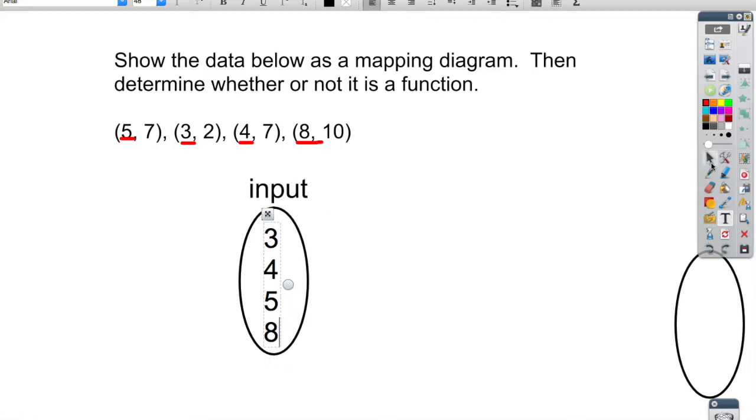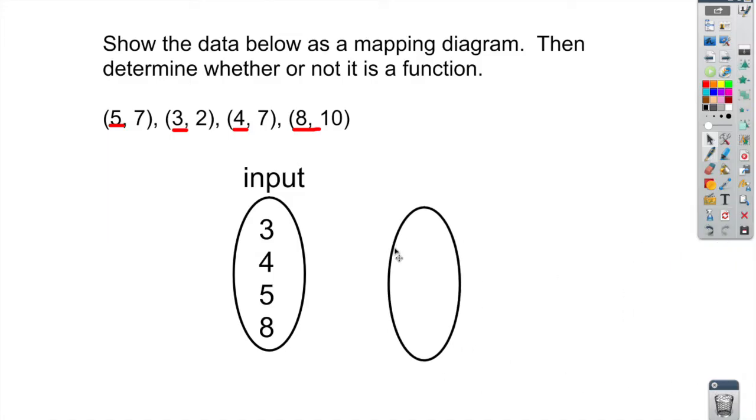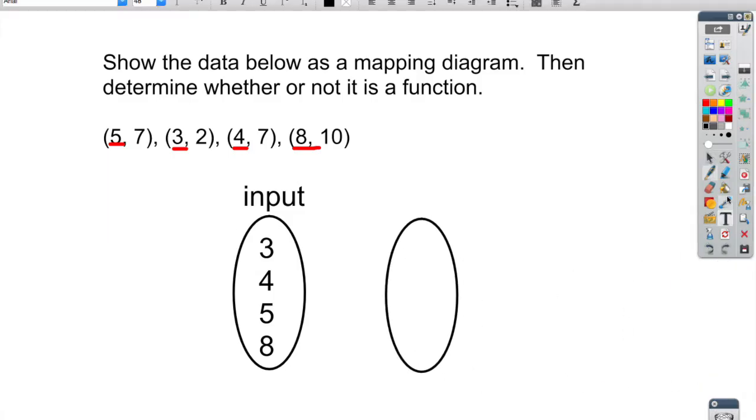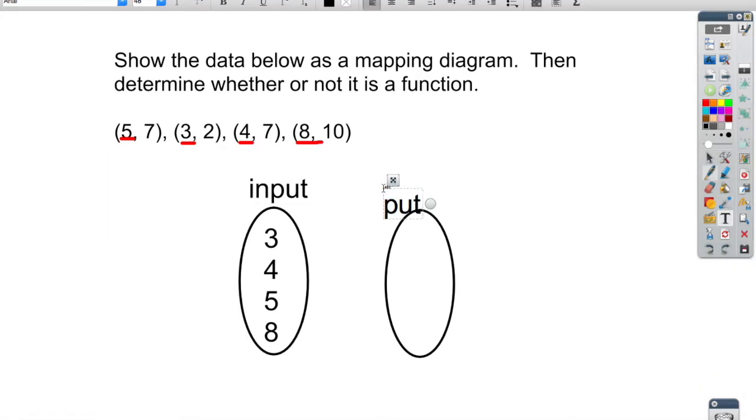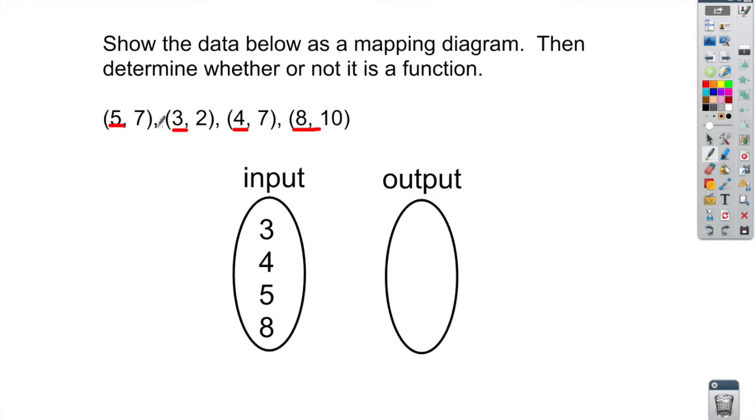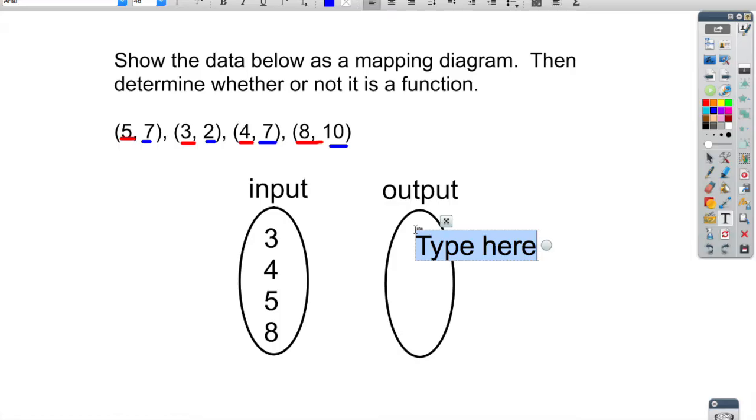All right, then over here, output, my values for y. And those would be 7, 2, 7, 10. So 2, 7 with a duplicate, and 10.